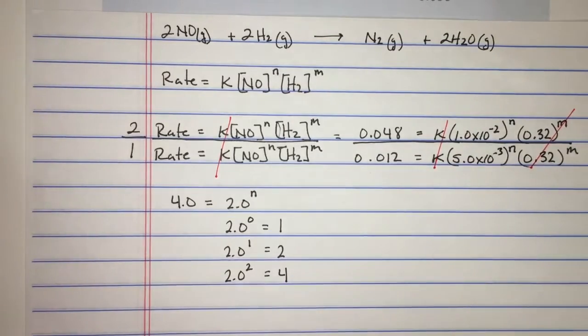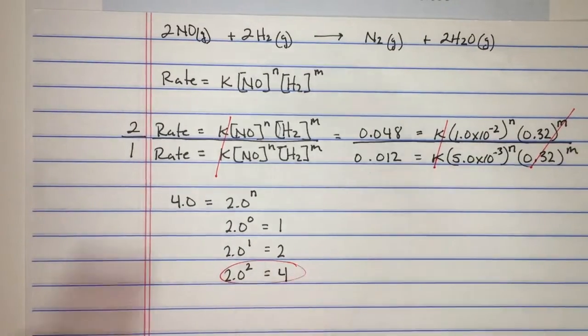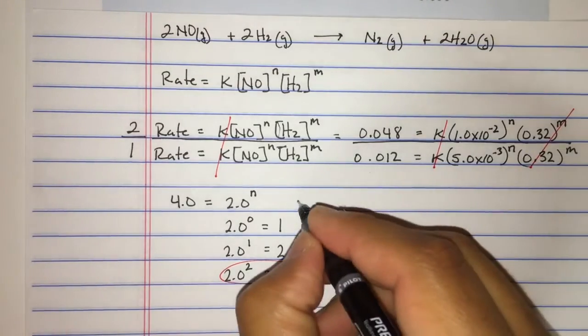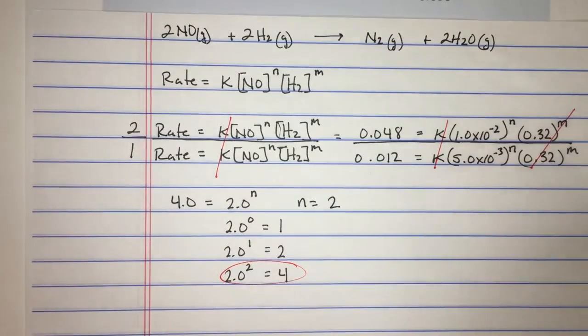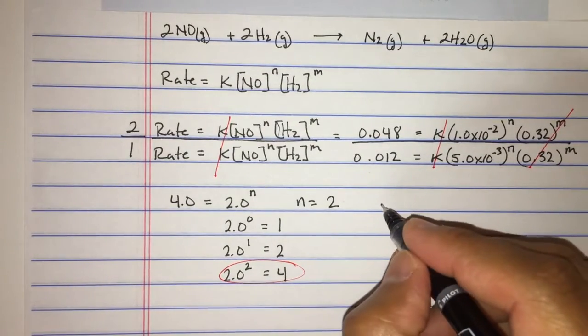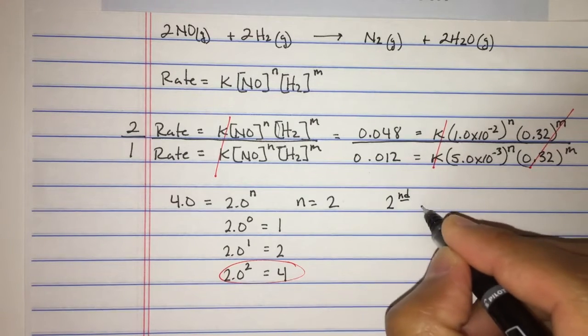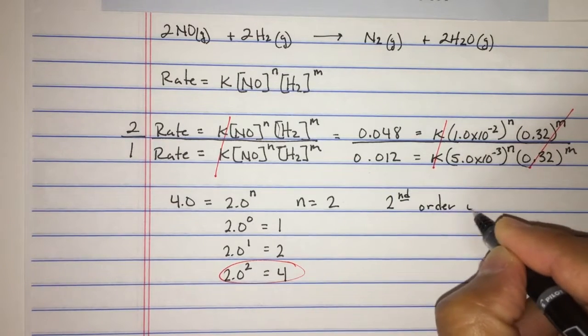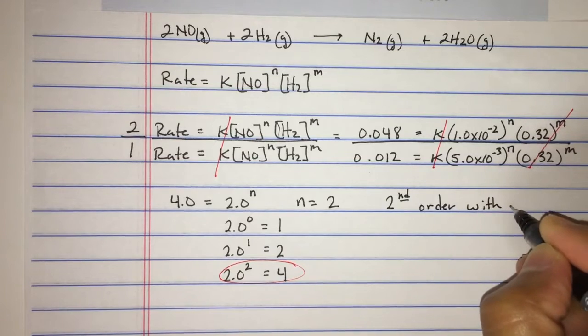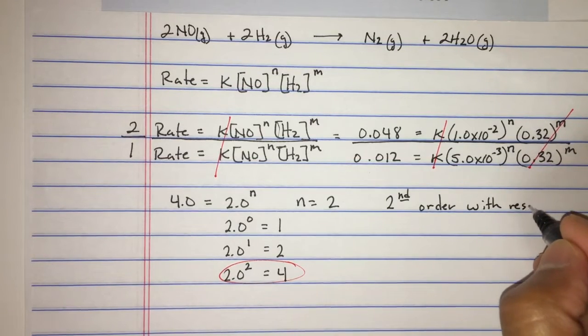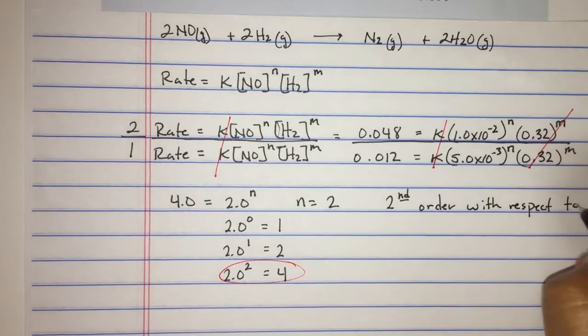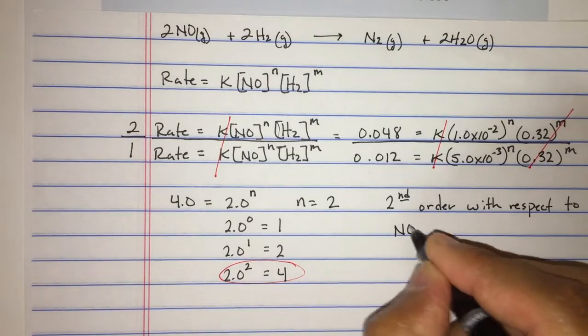And so, of course, that's what n is equal to. n is equal to 2. So what we can say is the reaction is second order with respect to NO.